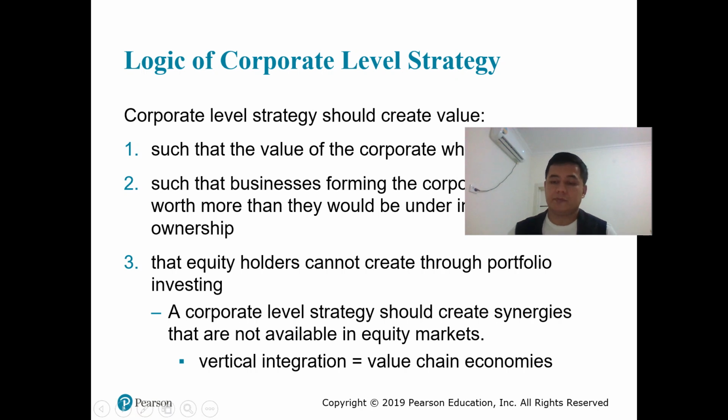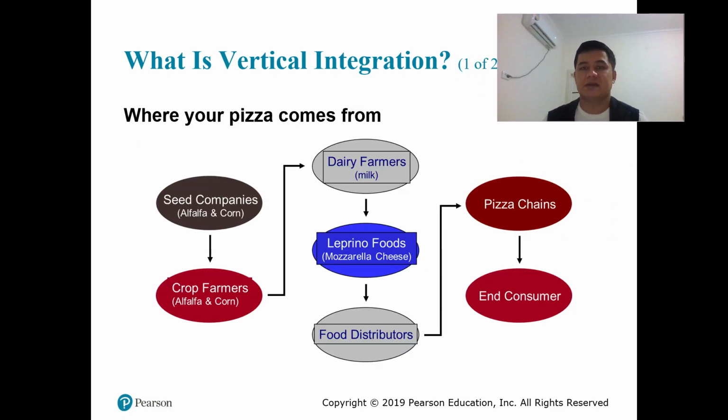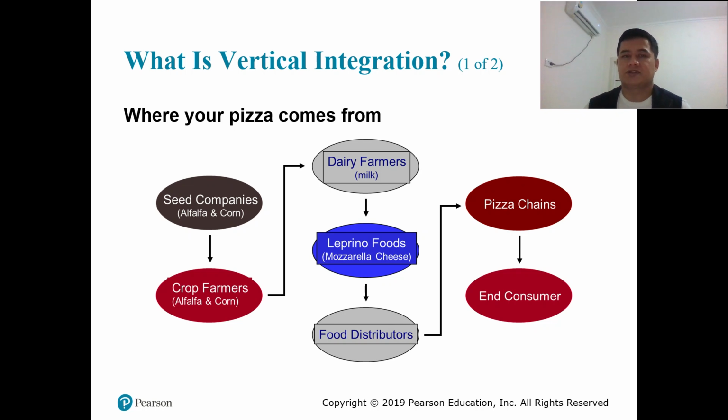As an example here, you can see what vertical integration is. For example, where your pizza comes from. We're going to give you an example in the case of pizza. In order to make a pizza, you have to have the seeds, right?